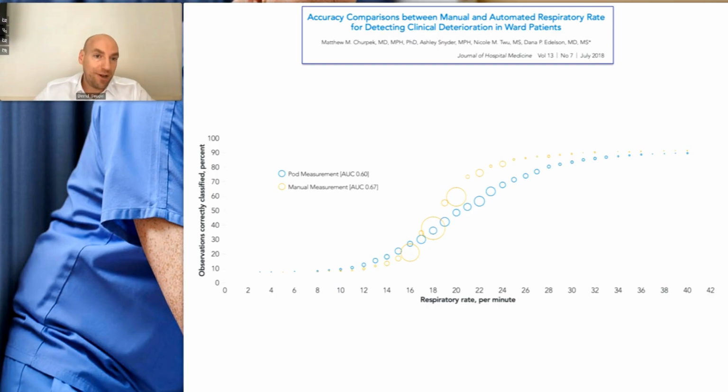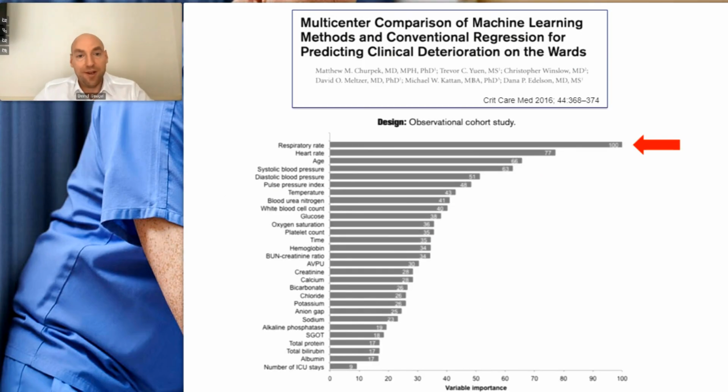You may now ask, is that important? Is measuring respiratory rate correctly something we should focus on? And I can tell you, yes, it is. This is a list of vital signs and other variables and their association with or importance for detecting clinical deterioration. You will see in this study, and this is consistent across other studies too, that respiratory rate is a very powerful predictor of clinical deterioration.